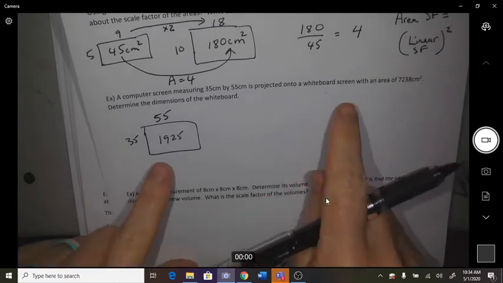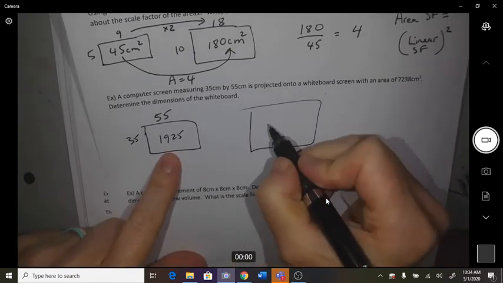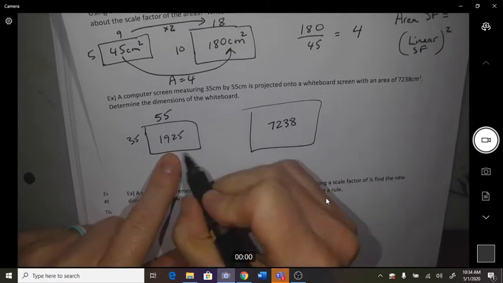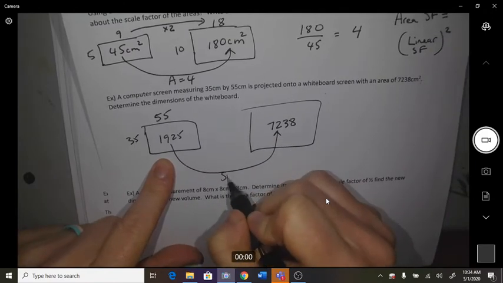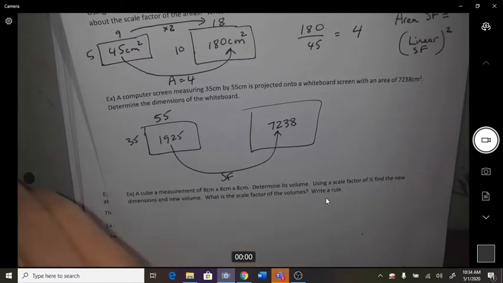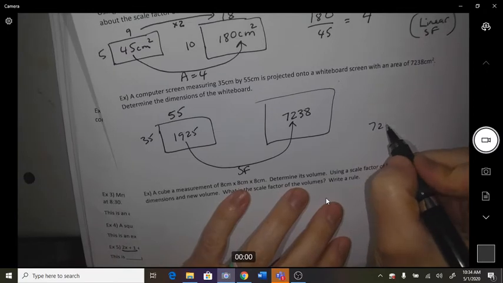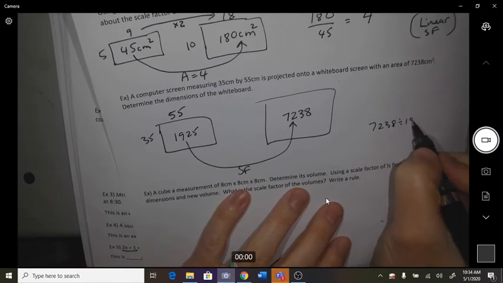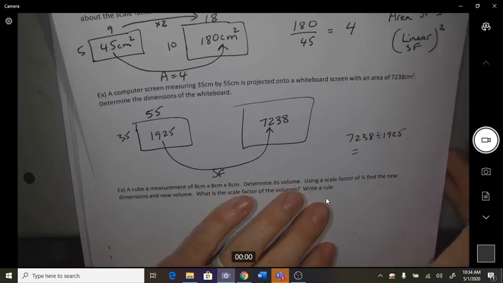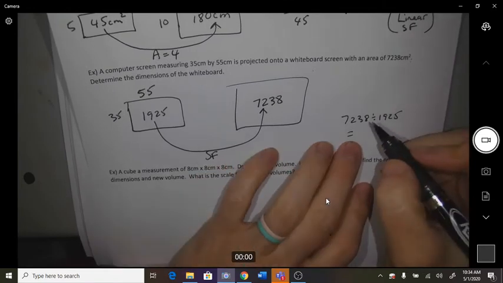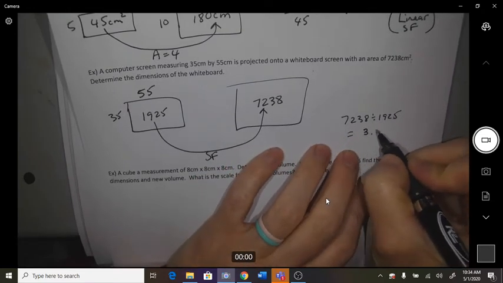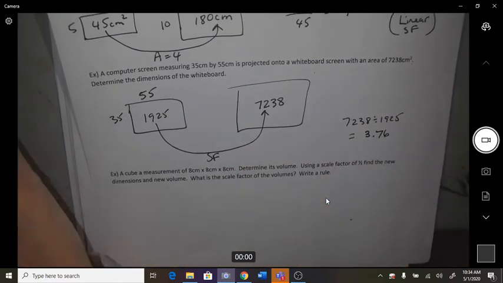Okay, so what's the scale factor there of the areas? So 1738 divided by 1925 equals 3.76.